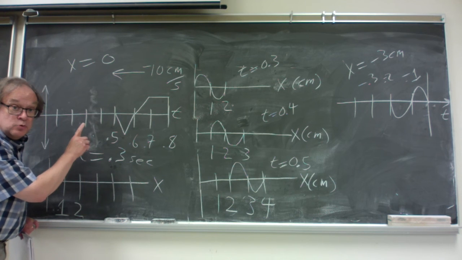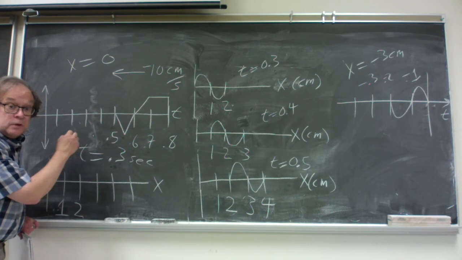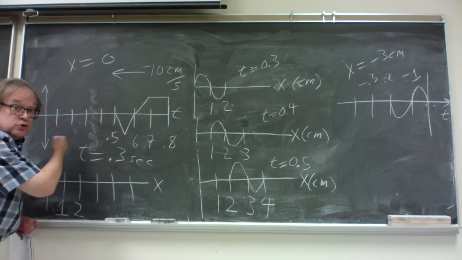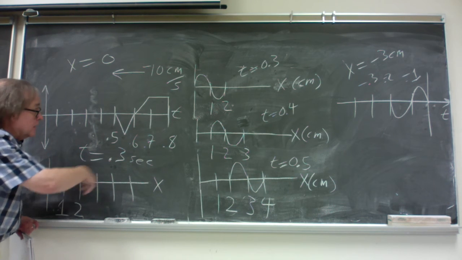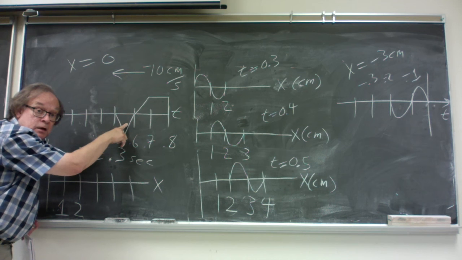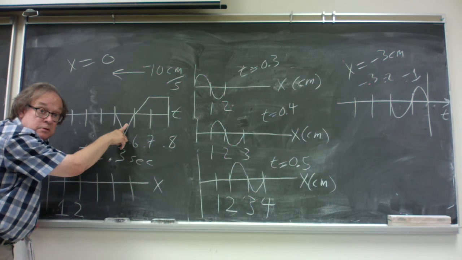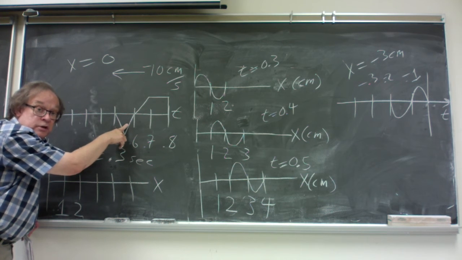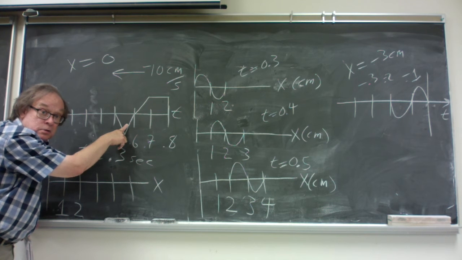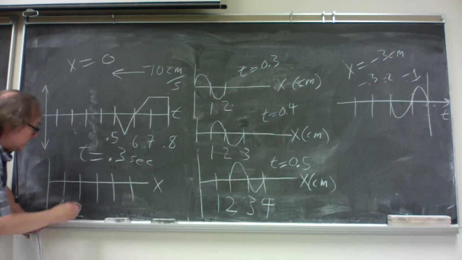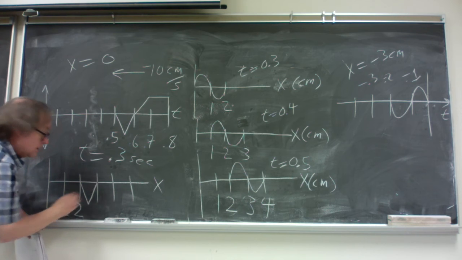And since the pulse is moving right to left, and since this is the stuff that happens to the mass at x equals 0 at the earliest times, this is done to that mass at x equals 0 by the front part. So the front part must look like that.